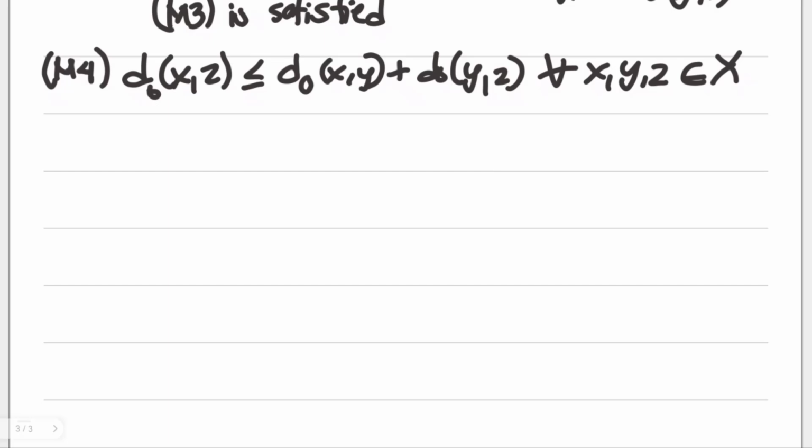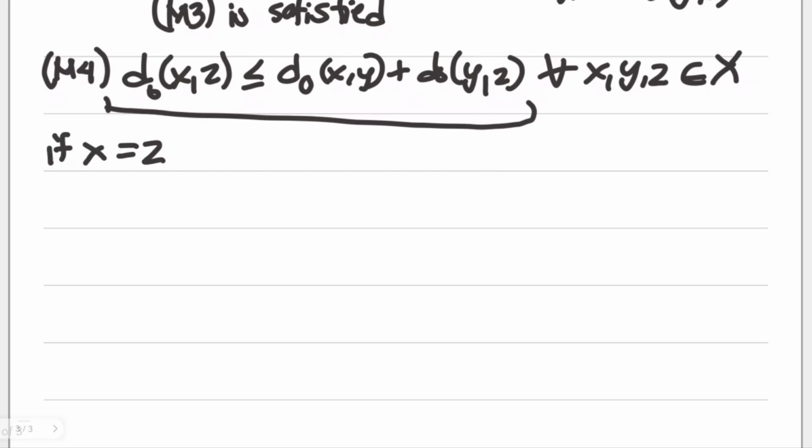Same as with M3, we're going to consider whether x is equal to z and whether x is not equal to z, and try to show that this statement is true for both situations. Let's start with x equal to z. This means the distance of x and z is equal to 0, based on the definition itself. Now, how about these two expressions?